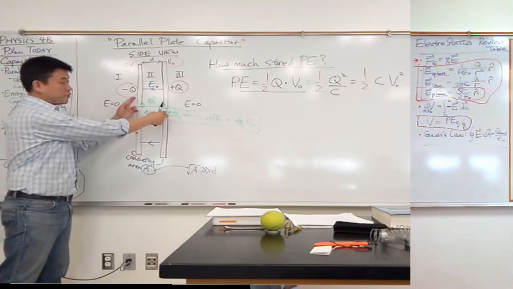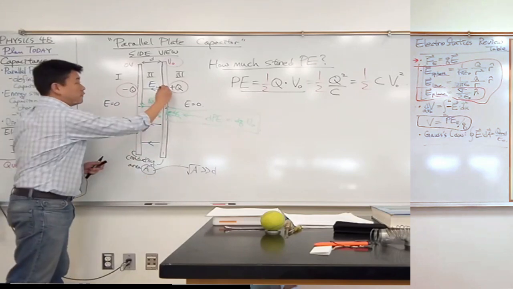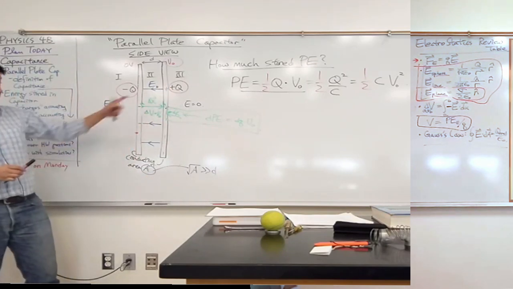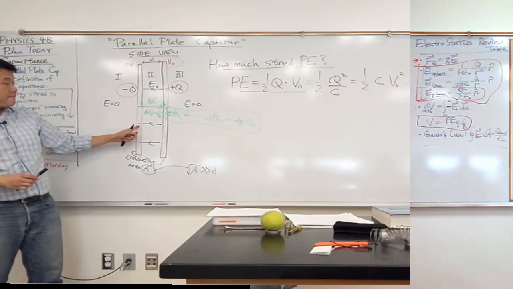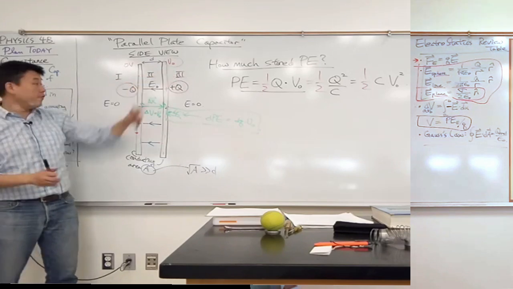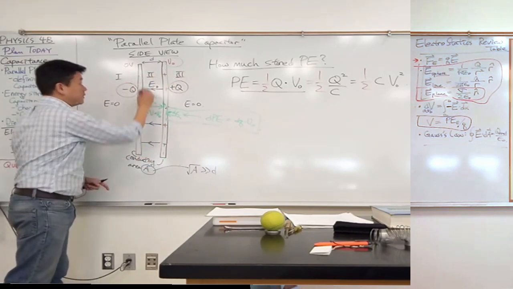The next set of charges, now it'll start to cost some energy. The next set of positive and negative charges, I'll need to put in some energy. But even then, to place these additional charges, I'm not paying at the full price of voltage V0, because until this is fully charged, I don't reach that value of V0.